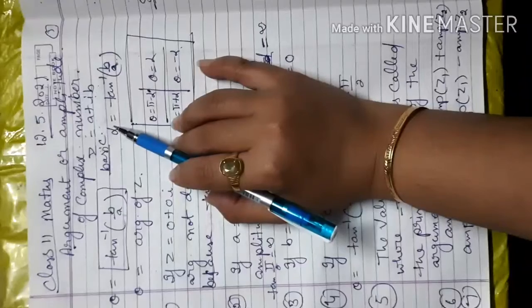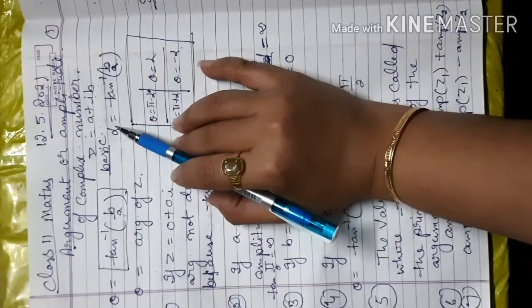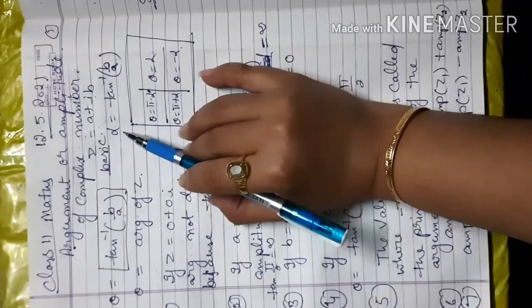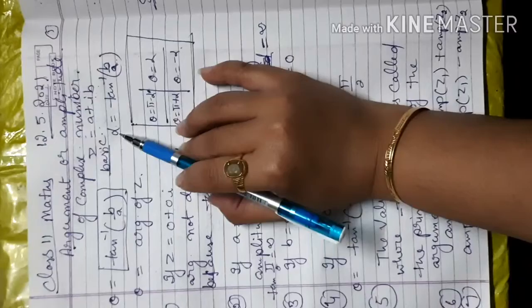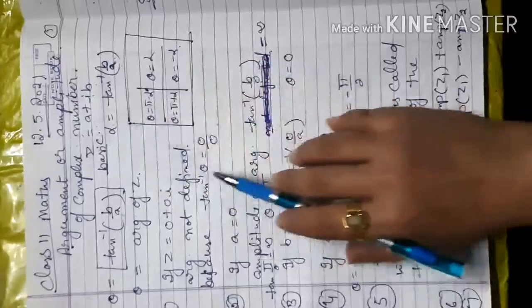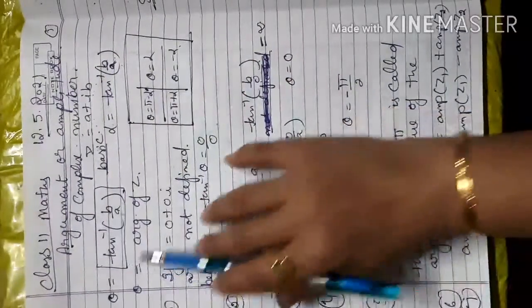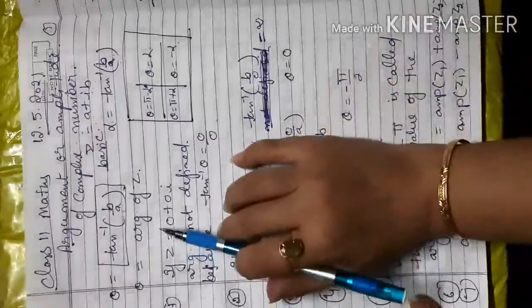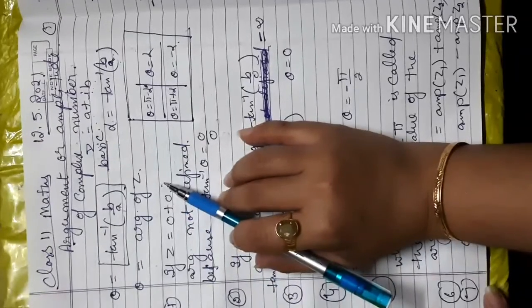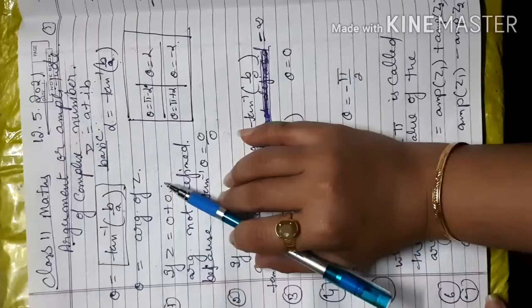I told you before that to easily find the particular angle in a particular quadrant, we first identify the base angle alpha, that is 0 to 90 degrees, that is tan inverse b by a. After that, theta we actually call the argument of z, that is the actual angle at which the complex number lies in the Argand plane.